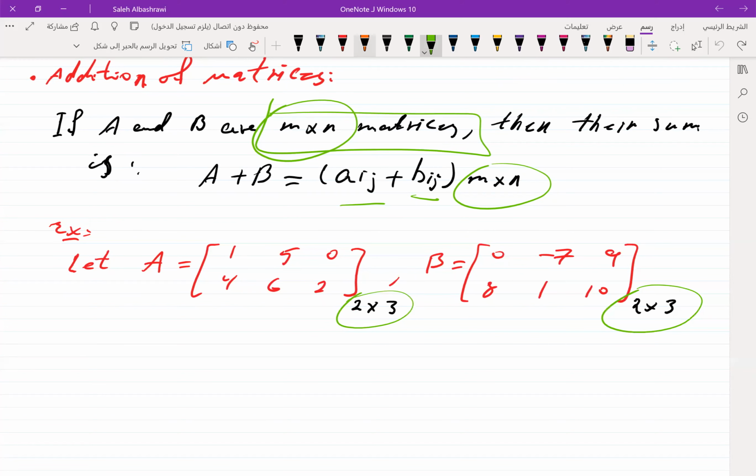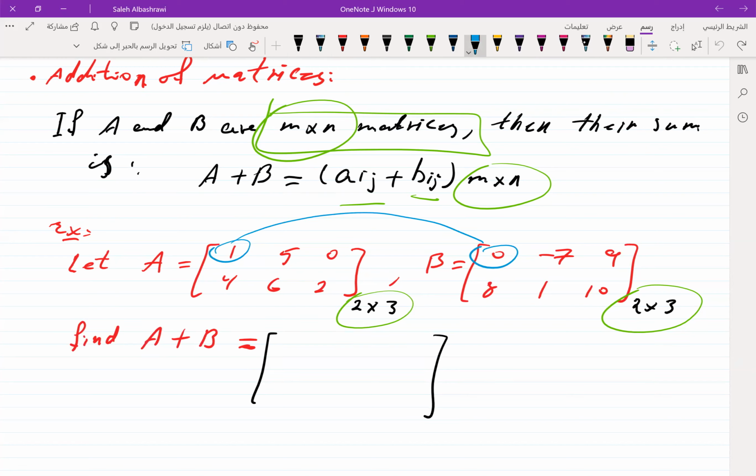Now we need to find A plus B. Find the sum, A plus B. And to find the sum, we are going to add first element with the first element.